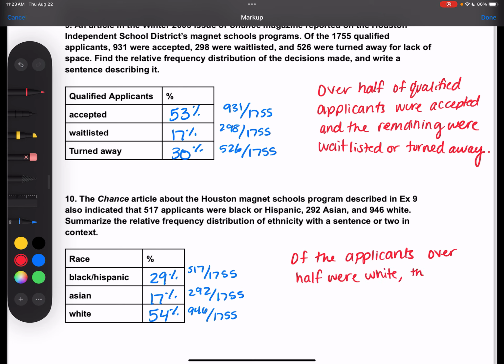The remaining were Black, Hispanic, or Asian. And obviously in here they lumped Black and Hispanic, but however you want to write it is fine.